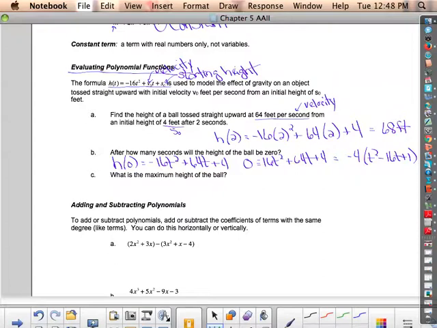Minus 16x squared plus 64x plus 1. Then when you look at it on the graph, you'll see that it crosses at 4. So at 4 seconds, so when t is equal to 4, here's what it looks like.